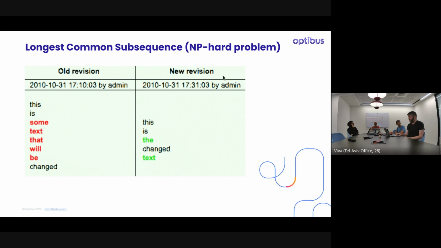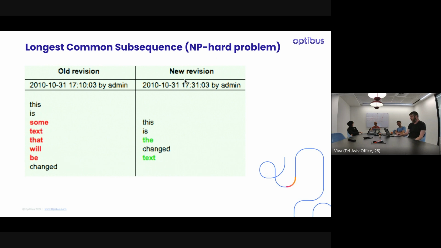And this problem is what is called in computer science an NP-hard problem, which means that if we use a big input, science today doesn't know how to solve it in a reasonable time, so it takes ages to solve a big problem.